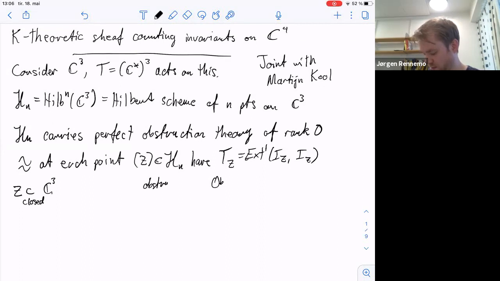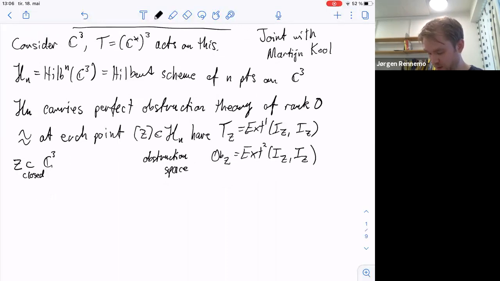So these are two vector spaces. The obstruction space, which is perhaps more of a definition, appropriately defined, turns out to be Ext^2 of I_Z. And Serre duality now gives us that the dimension of the tangent space is equal to the dimension of the obstruction space.